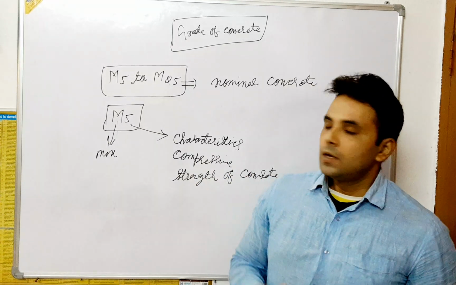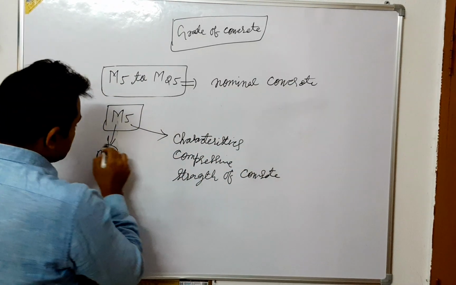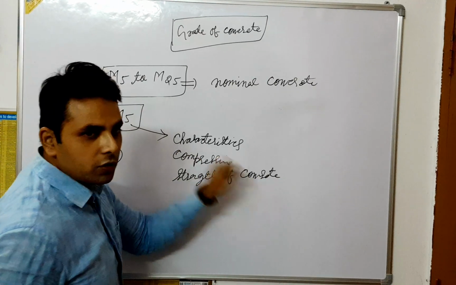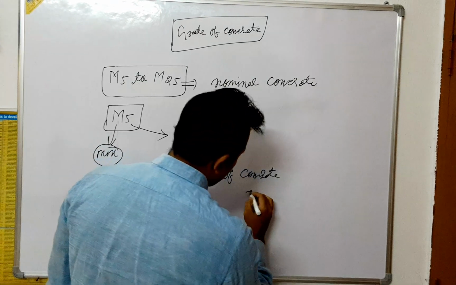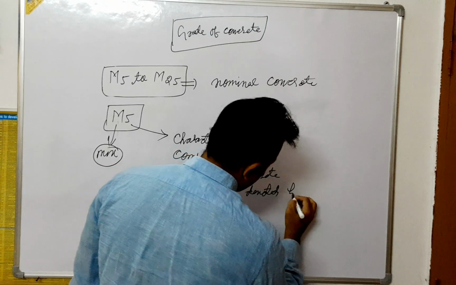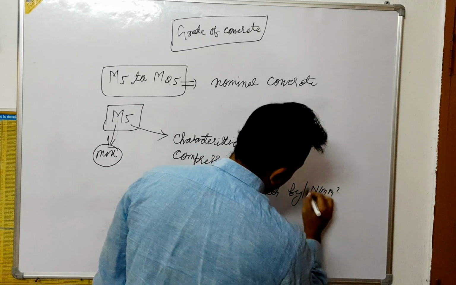Clear? So M5 grade of concrete: M generally shows the mix and 5 generally shows the characteristic compressive strength of concrete, and it is denoted in Newton per mm square.